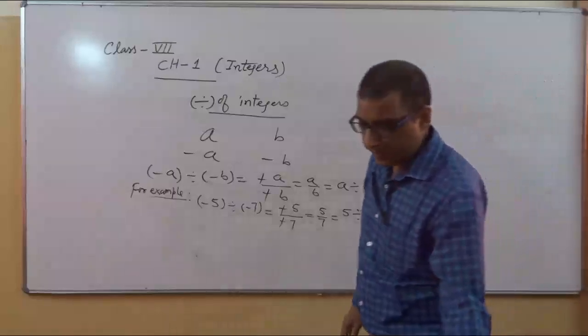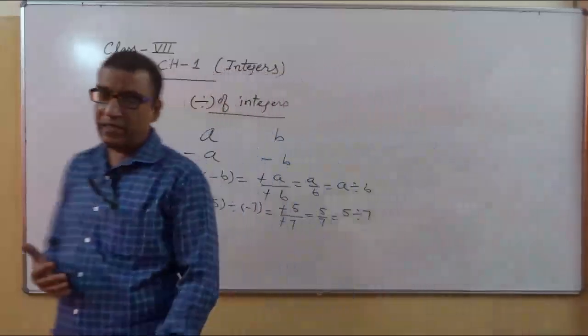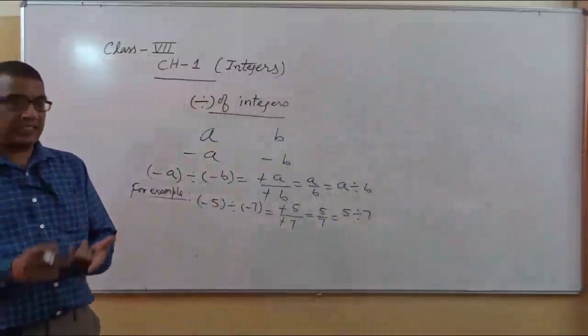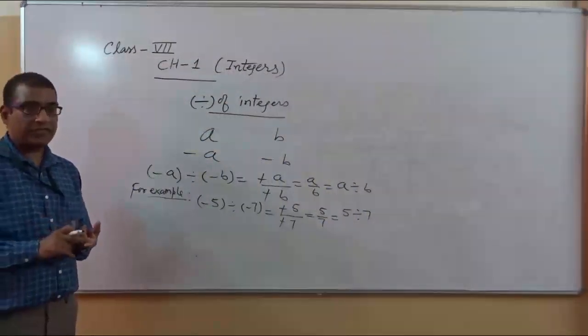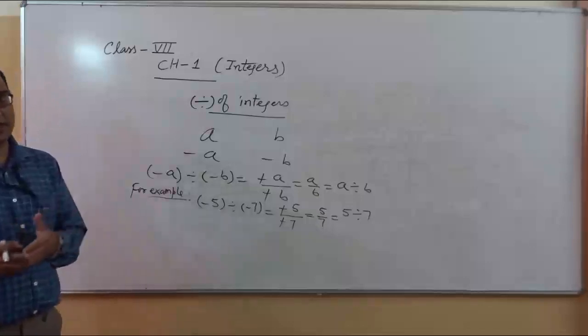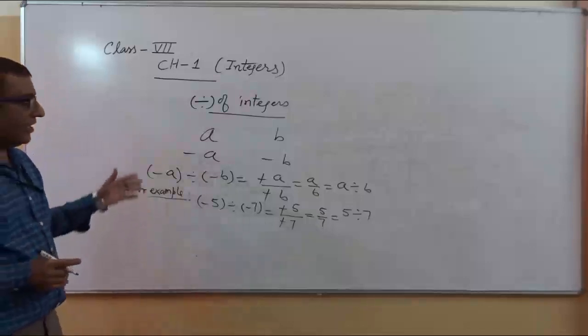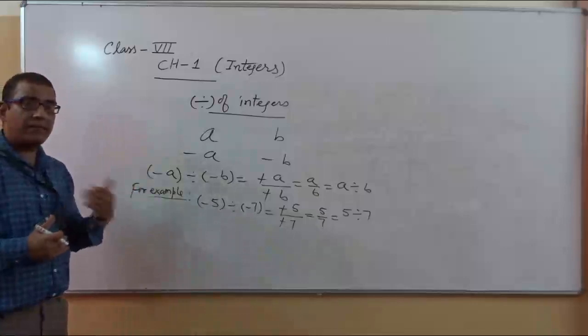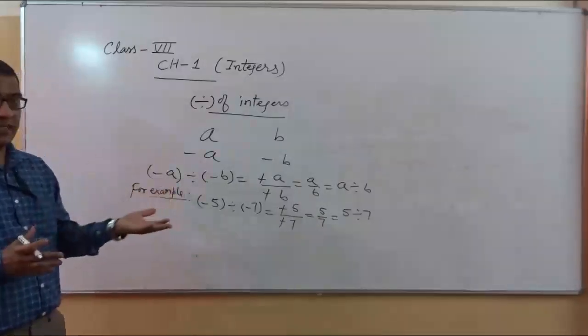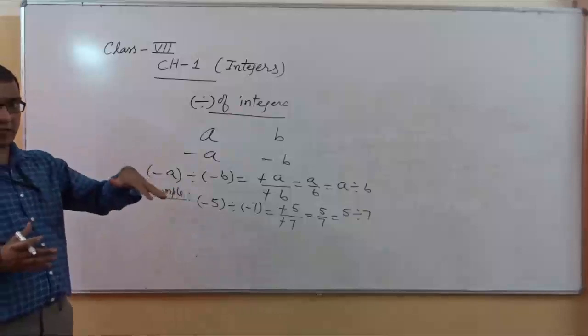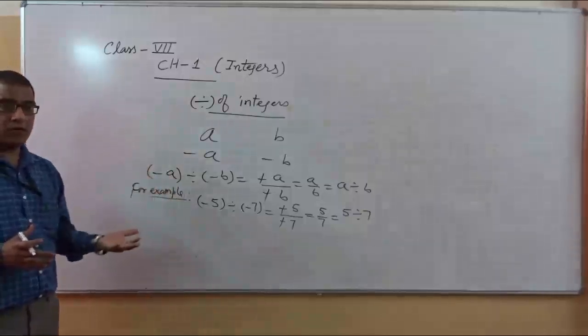So in this chapter, I told so many things related with integers, that is the concept of number line, then their properties related with addition, subtraction, multiplication, division, and how we can make questions based on multiplication easier. We will go with distributive property also, associative property also.